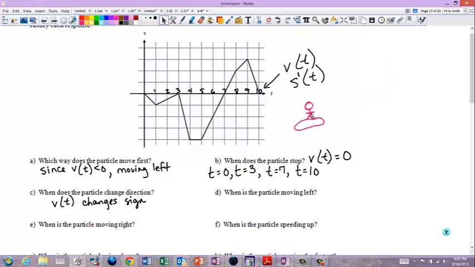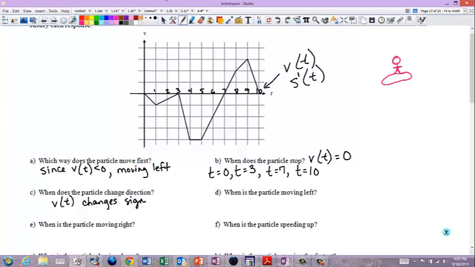As I'm going forward, I have a positive velocity. In order to turn around, I have to stop the car, throw it in reverse, and now I'm going backwards. I have a negative velocity. So my velocity is positive, positive, positive, then it's negative, negative, negative. So your velocity has to change sign when you change direction.